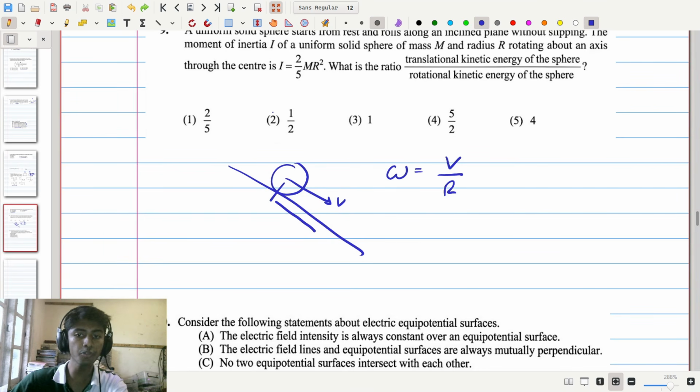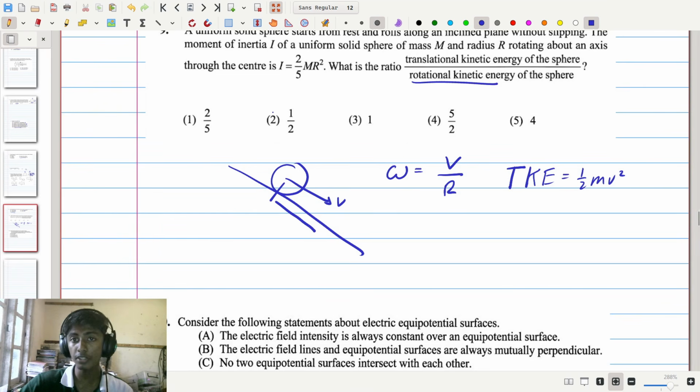Now considering this information, we know directly that the translational kinetic energy TKE is equal to half mv squared. Additionally, we also need to find the rotational kinetic energy. Now RKE is equal to half I omega squared, very similar to half mv squared.